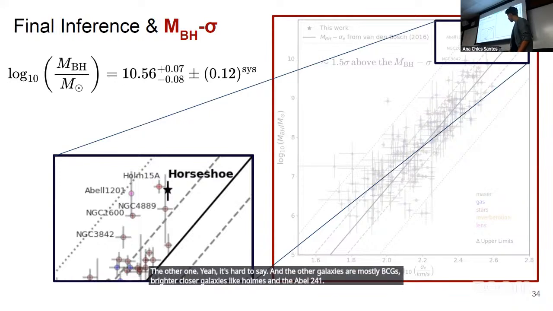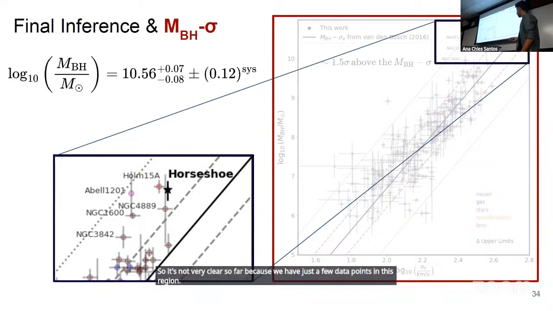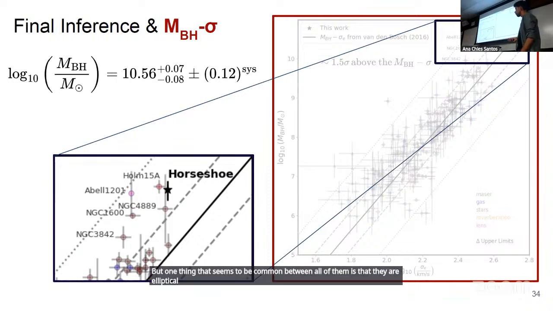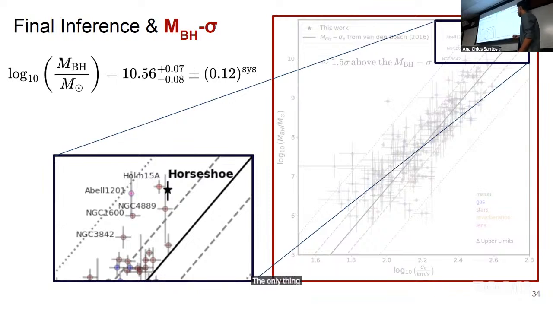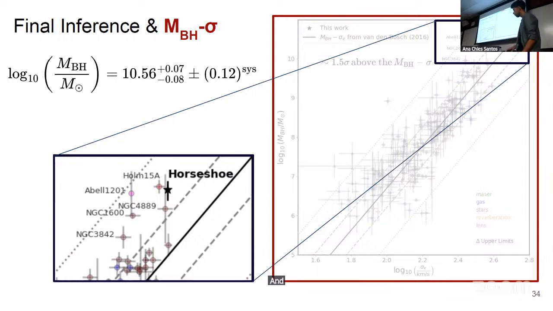So it's not very clear so far because we have just a few data points in this region. But one thing that seems to be common between all of them is that they are elliptical and very massive galaxies. The only thing that I can think right now that they have in common is being elliptical, so very old, and very, very massive as well.